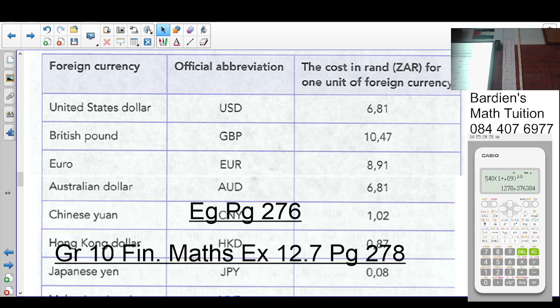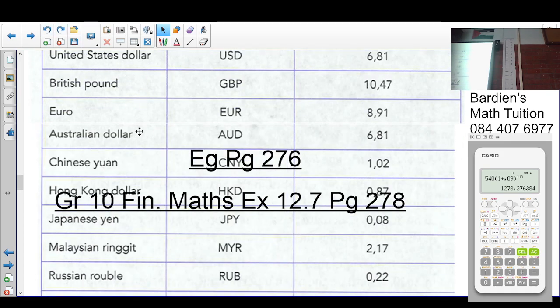I never bought it, so okay. The euro is 8 rand 91 cents. I think the euro is a bit less than the US dollar now. The Australian dollar is 6 rand 81 cents, the same as the United States dollar. Currently, the Australian dollar is about 7 rand.